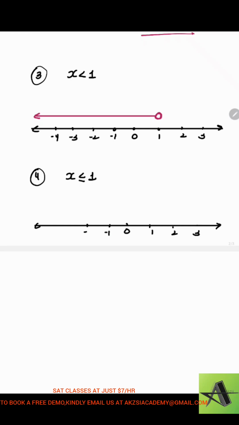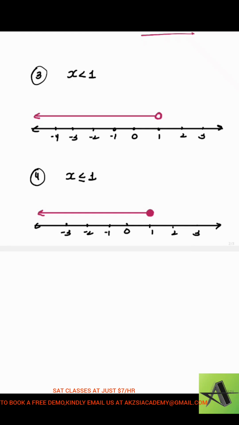In the previous one it was unfilled because we were excluding the value, but here we have to include the value as well. So the circle is going to be a filled circle. So it would be to this side. And this is how you can represent any inequality on the graph or on the number line.